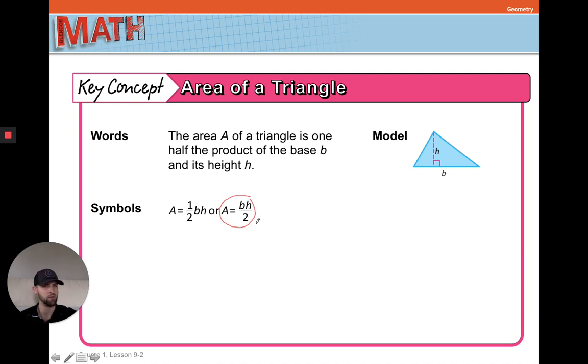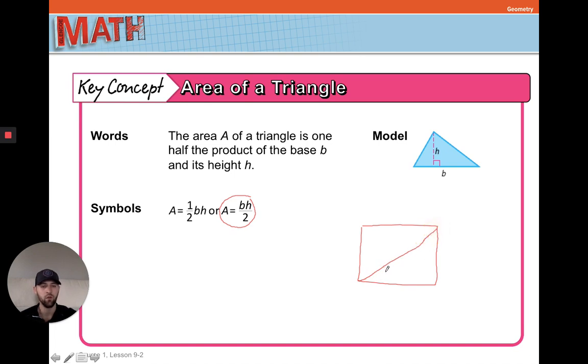Notice that's pretty similar to the parallelogram that we just did. The parallelogram formula was area equals base times height. For a triangle, we just cut that amount in half. The reason that we cut that in half is if you look at this parallelogram, I know it's not perfectly drawn, and I chop this in half and cut it diagonally, it's not going to be the straightest line in the world, but it'll work.